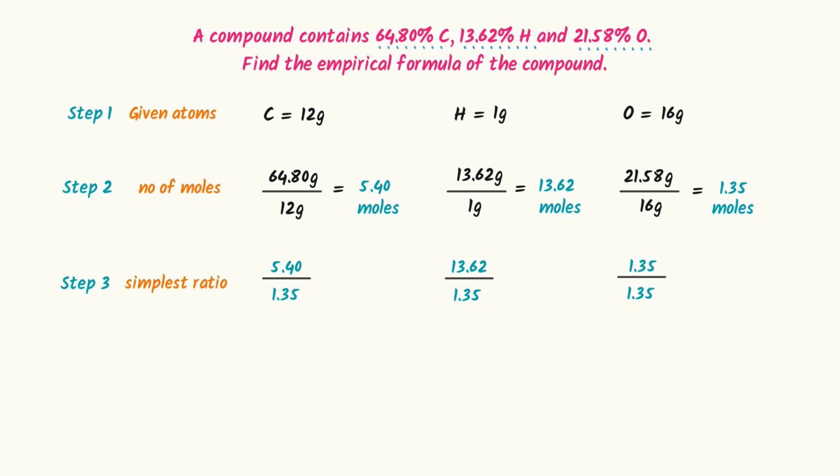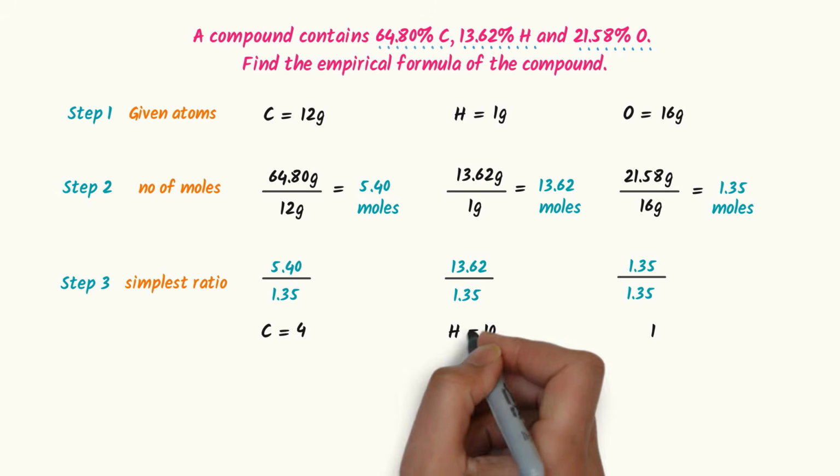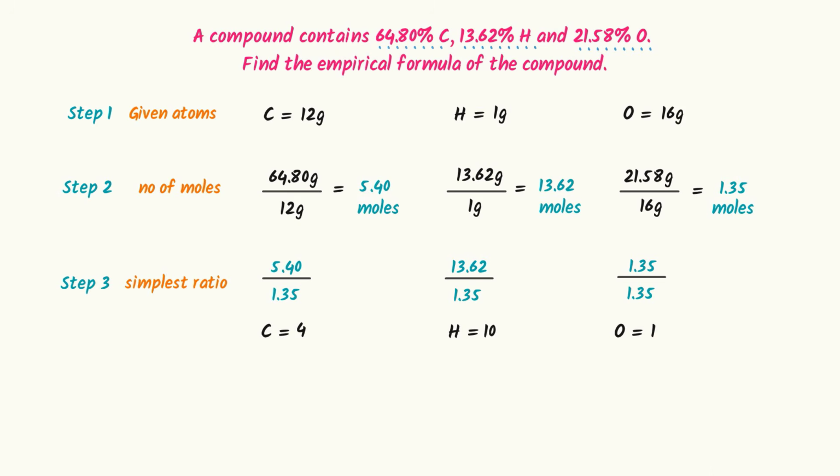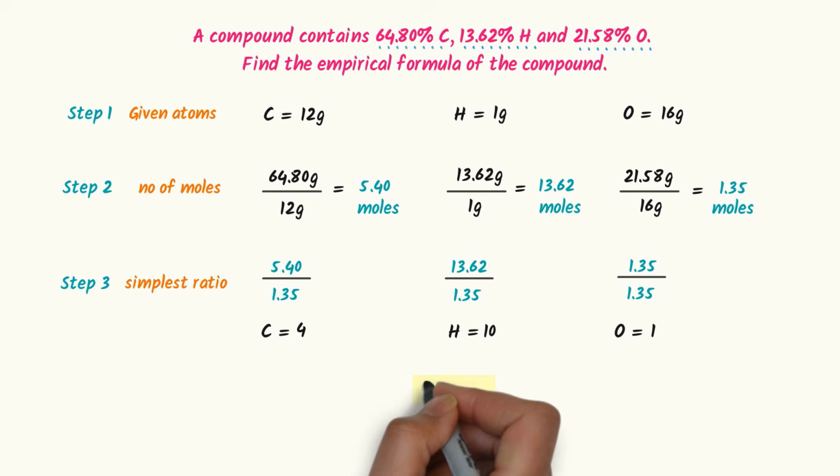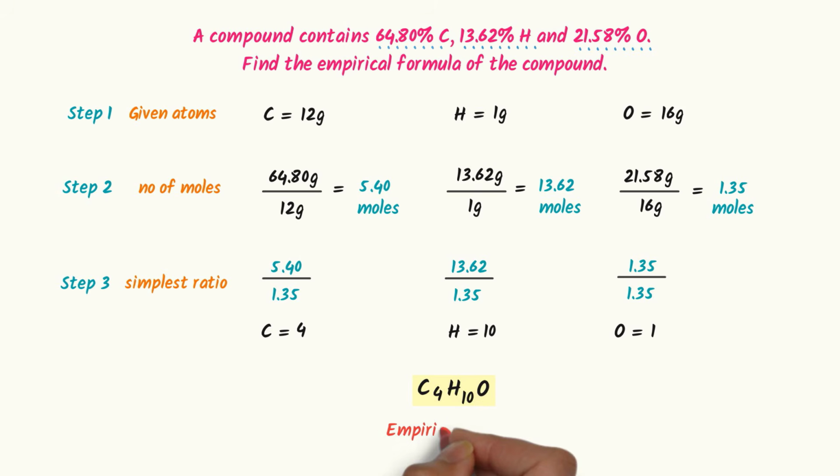After calculation, I get 4, 10 and 1. It means that the ratio of carbon is 4, that of hydrogen is 10 and that of oxygen is 1. Thus the empirical formula of this compound is C4H10O1. Therefore, using these three simple steps, we can easily find the empirical formula.